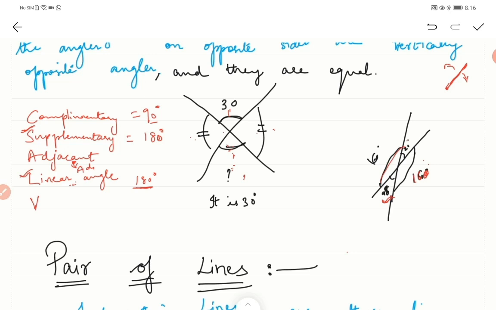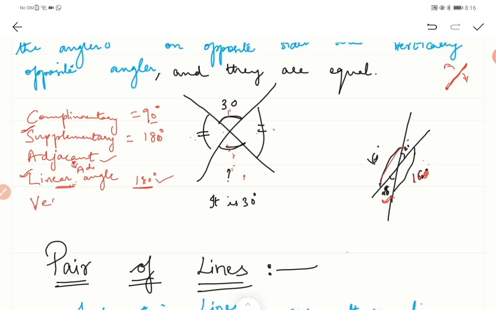Supplementary angles are simply any angles whose sum is 180 degrees. For angles to be a linear pair, first they should be adjacent, and then the sum should be 180 degrees.